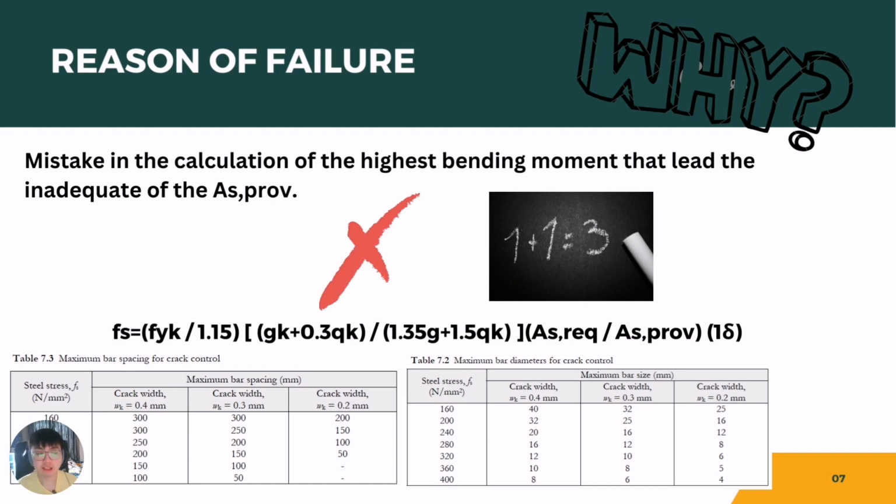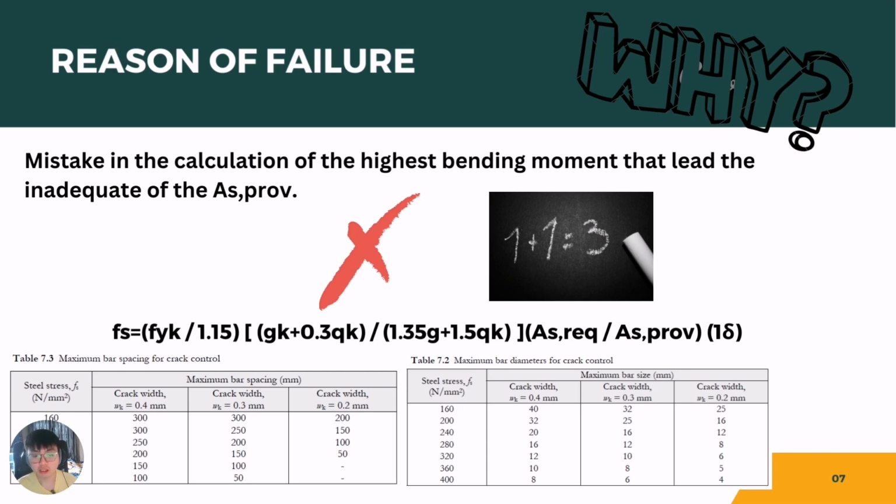Here's why. For example, say the As required we calculated is 105 millimeters square. So we decide to put the As provided as 110 millimeters square. However, the As required we calculated has some error, and in fact the As required should be 120 millimeters square.